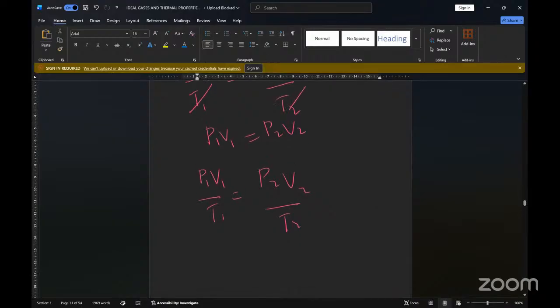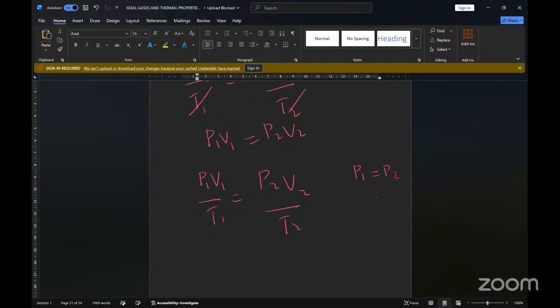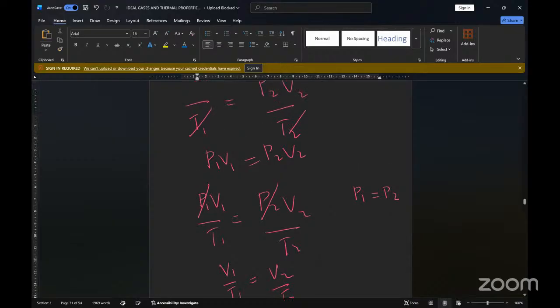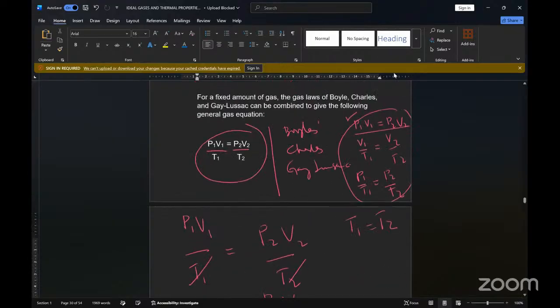So the pressure is constant. It means that your P1 is equal to P2. So P1 and P2 are the same, so they cancel each other. If you do it mathematically, they cancel each other. And therefore the equation becomes V1 over T1 is equal to V2 over T2, which is what we call Charles' law here.